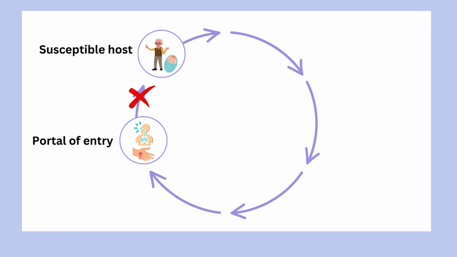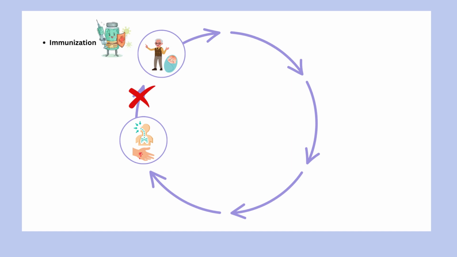Therefore, these devices should be removed when they are no longer necessary, or replaced with a new one if they still need to be used. Certain hosts are more susceptible to infectious agents and should be protected through specific measures. It involves immunization. As an example, the measles vaccination is given to children under 5 to prevent them from contracting measles.